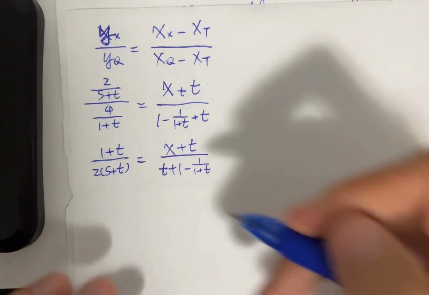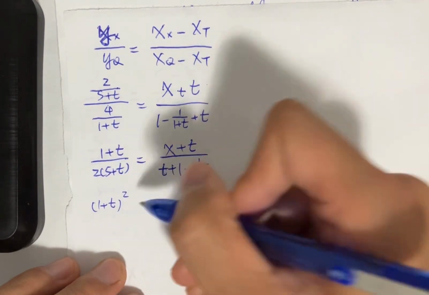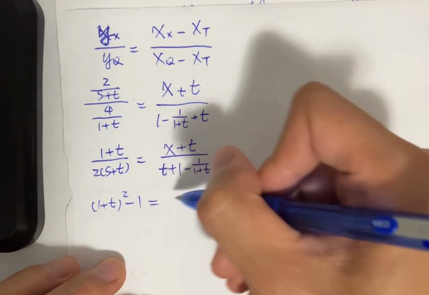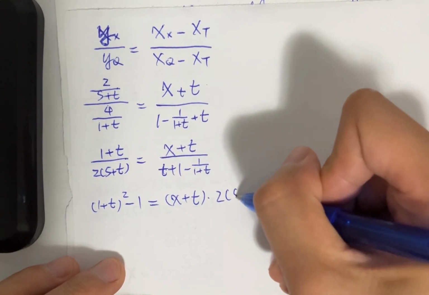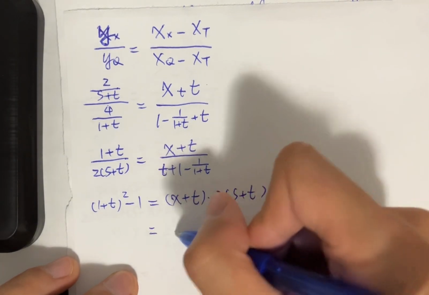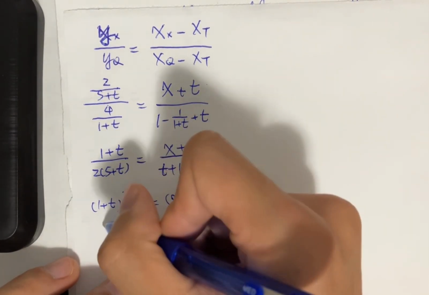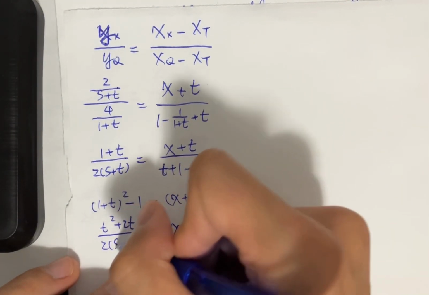And diagonal, it is 1 plus t squared minus 1. It is x plus t times 2, s plus t. I'll just do it quickly. X plus t is t squared plus 2t over 2 times s plus t.